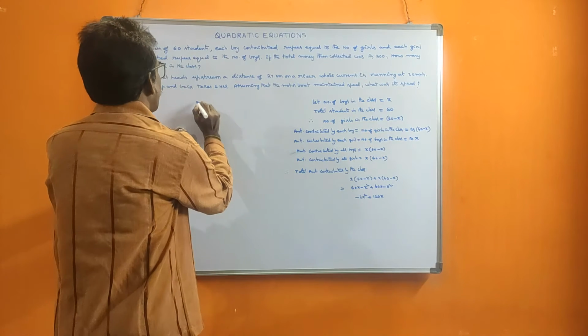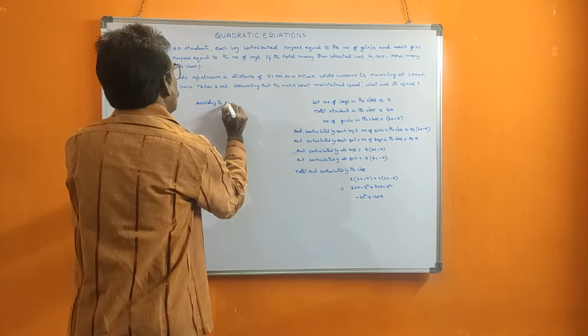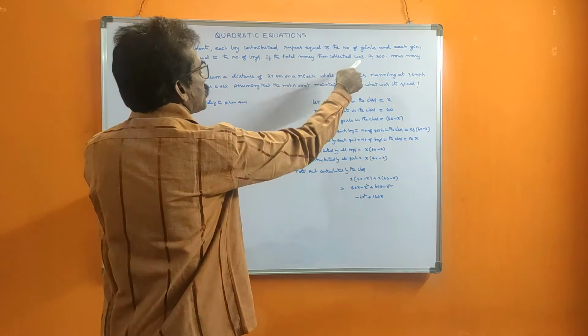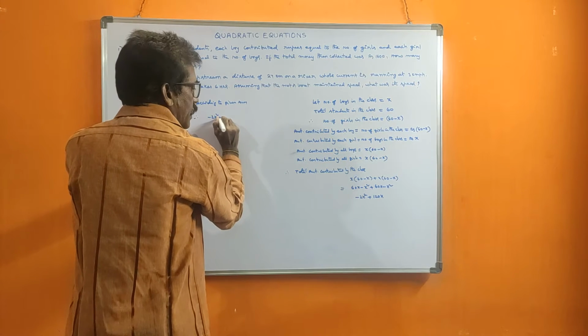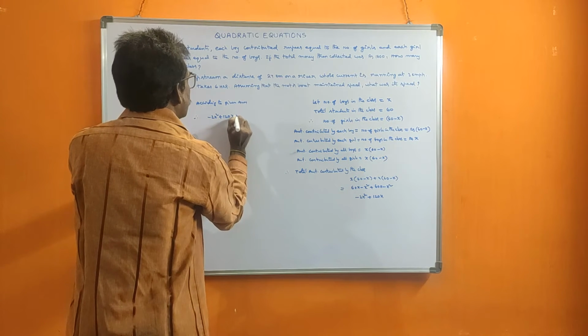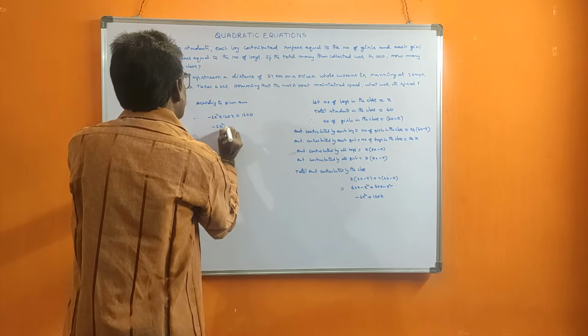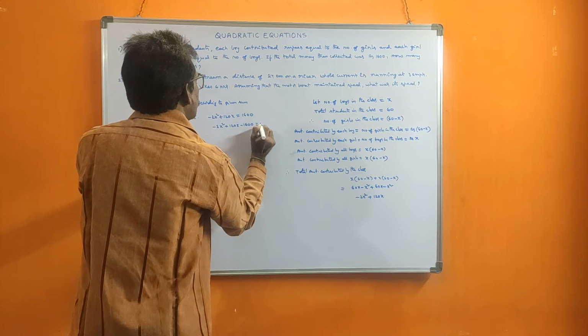Now according to the given sum, the total amount is 1600. Therefore, minus 2x square plus 120x is equal to 1600. So minus 2x square plus 120x minus 1600 is equal to 0.